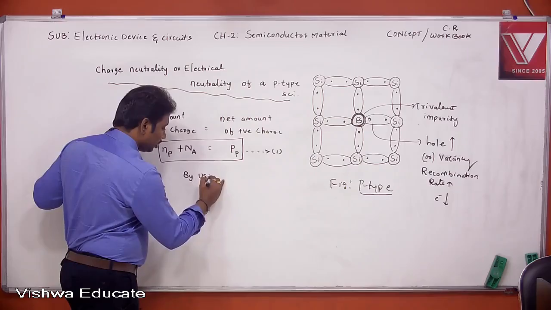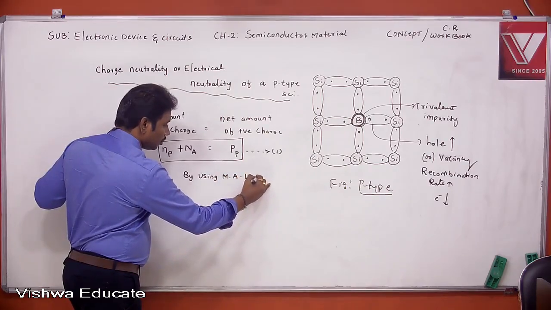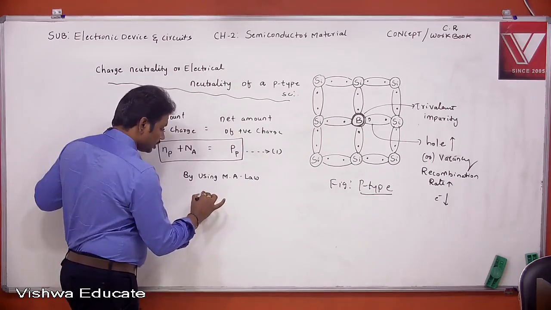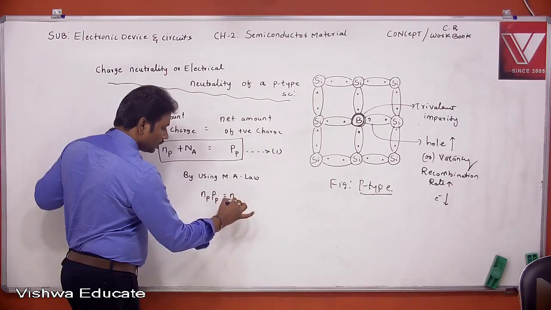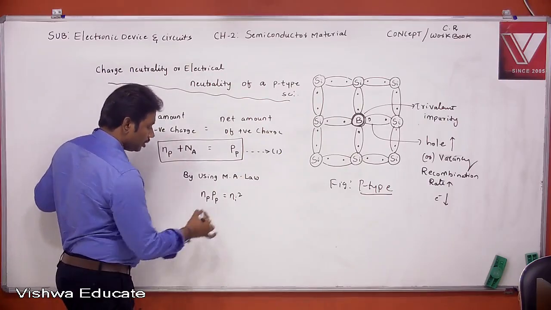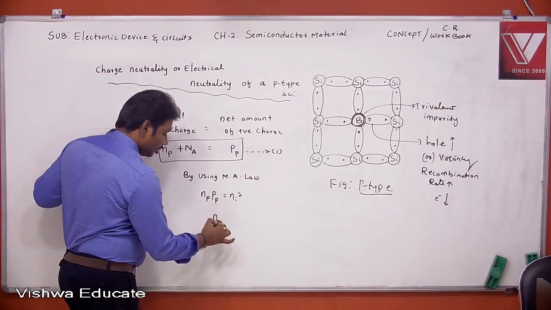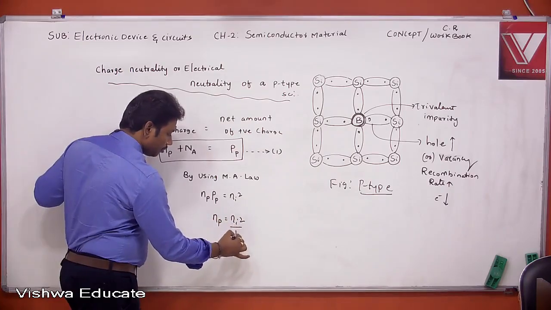The mass action law says the product of electron concentration and hole concentration is equal to the square of the intrinsic concentration. From this, np is equal to ni square by pp.